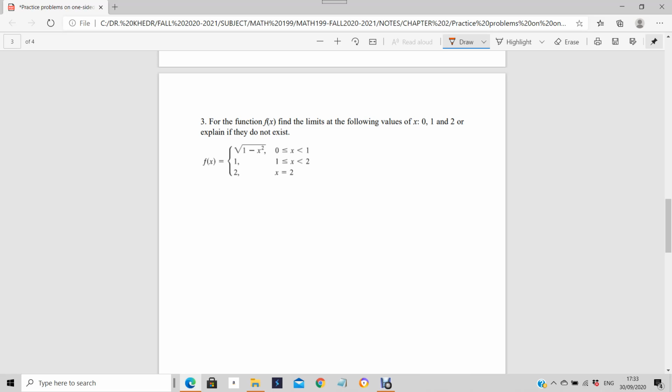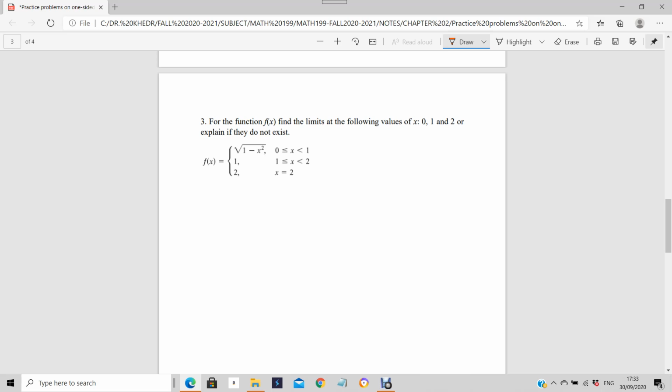So the function here is defined into 3 intervals, between 0 and 1, between 1 and 2, between x or at x equals 2. So during these 3 intervals, the function will have different values or different relations.